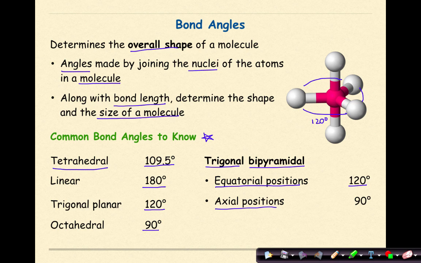The axial position will be 90 degrees. And when we talk about axial position, we're talking about a bond angle such as this, or back here, even right here. All of those are going to be 90 degrees. So two different bond angles going on in the trigonal bipyramidal shape.